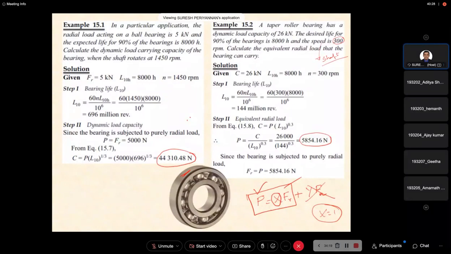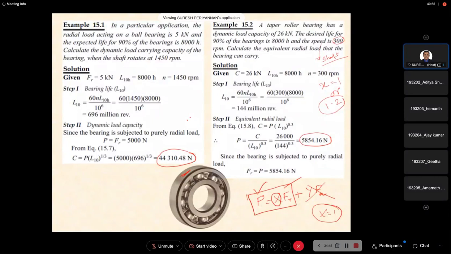Now suppose I am introducing the speed of the shaft as 300 rpm. Now X is equal to 1 or X is equal to 1.2. If the shaft is rotating, then is the inner race fixed or the outer race fixed? The outer race is fixed.